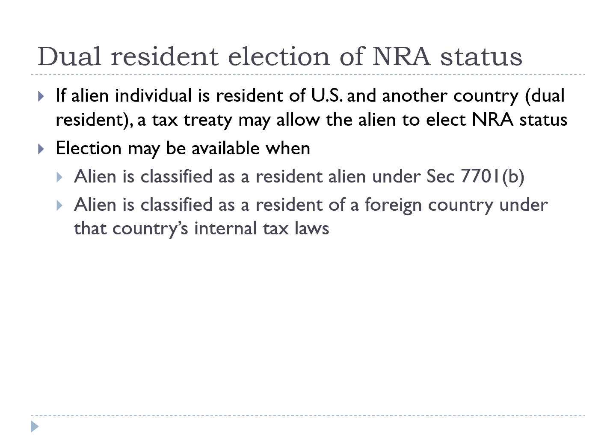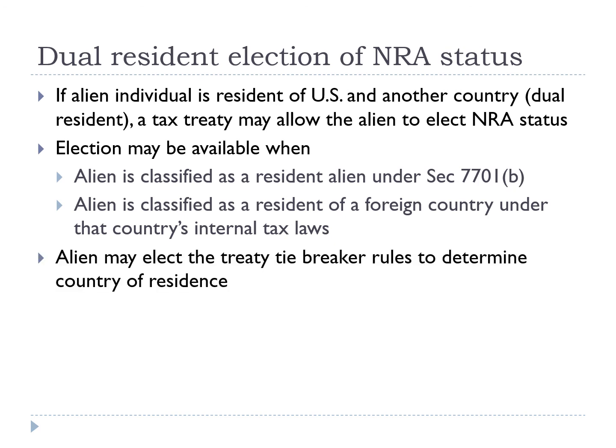Such an individual is known as a dual resident. Where a tax treaty applies, the dual resident may elect to apply the tiebreaker rules in the treaty to determine residence. In the U.S. Model Treaty, this is Article 4.3.